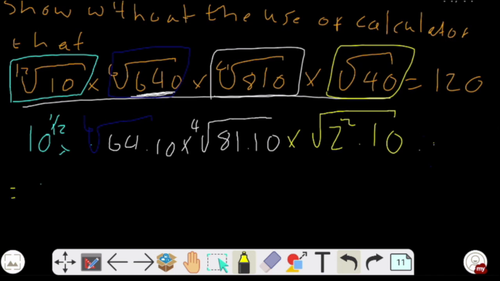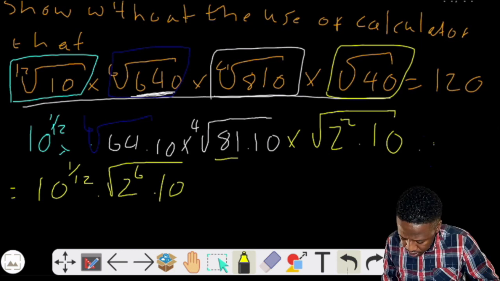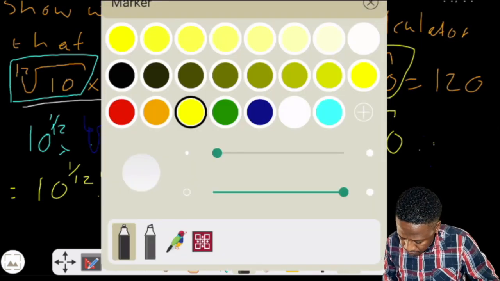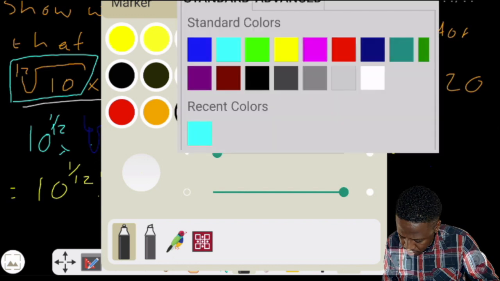And then here, like I said, I wrote it as 10 to the power of 1 over 12, and then here we have the 6th root of 64, and we can try to get the prime base of 64, which we can write as 2 to the power of 6 times 10, and we can do the same with 81.